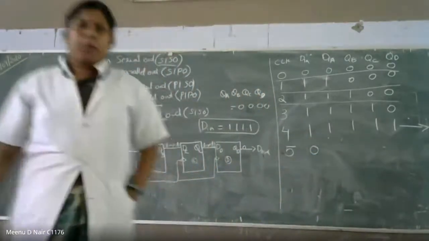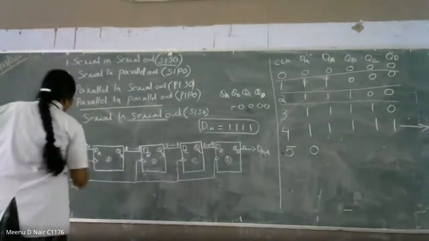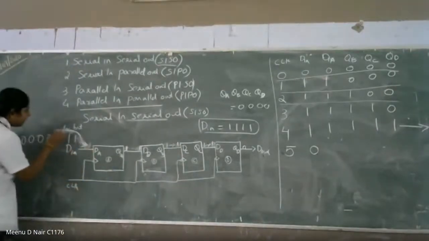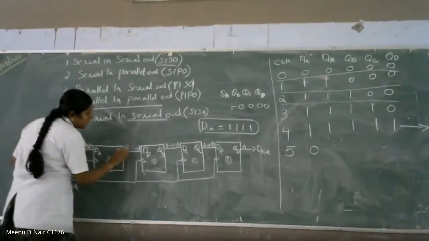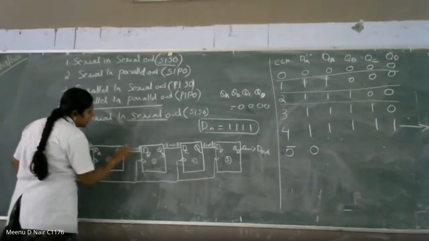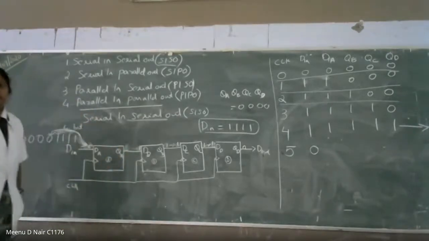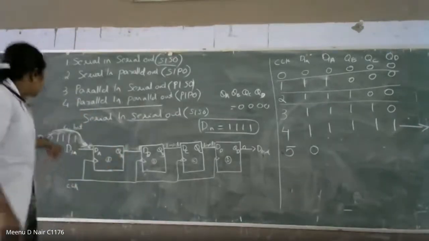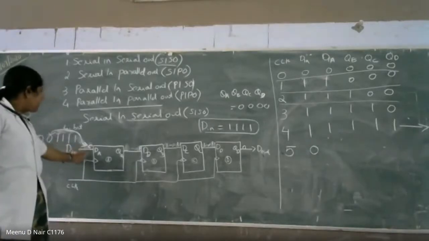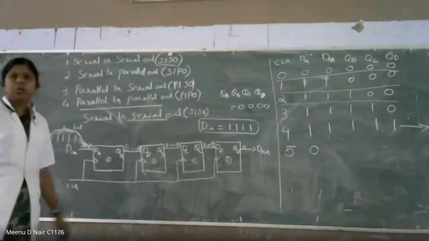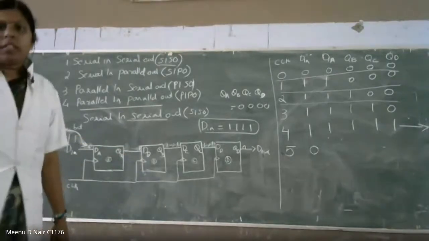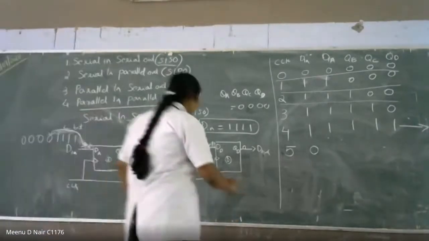QA, QB, QC, QD. This is 0, right? So this 0 comes here. You are giving the input as 0. What is the output of A flip flop? QA is 0.